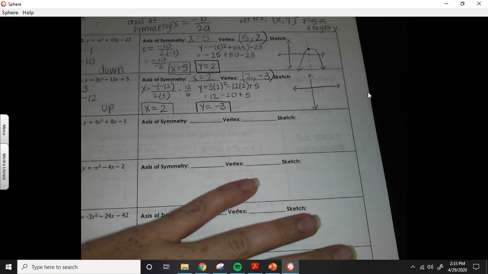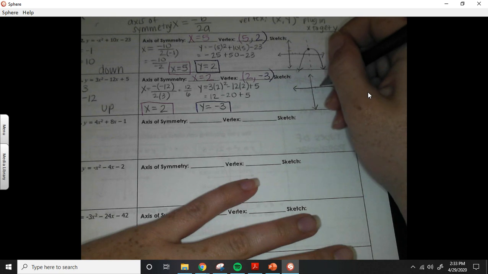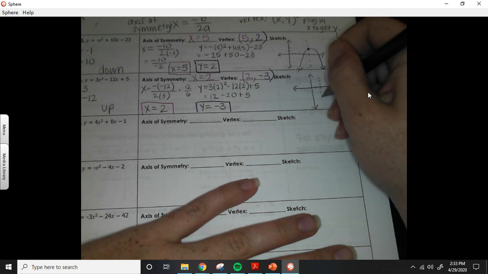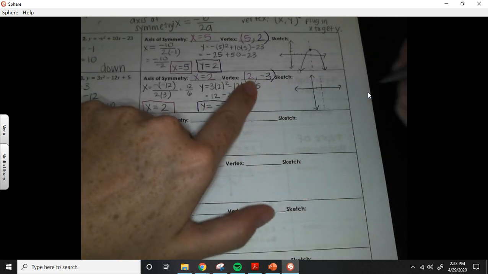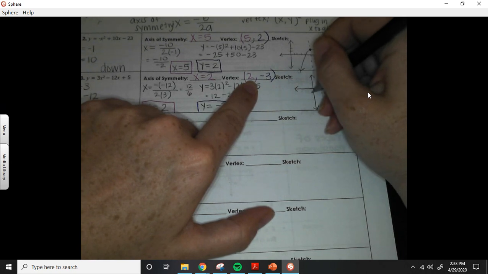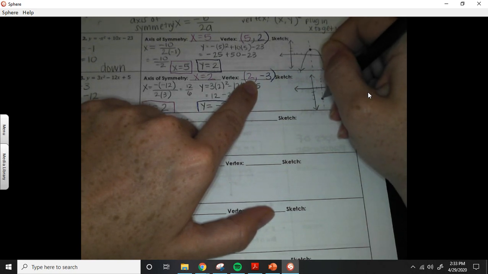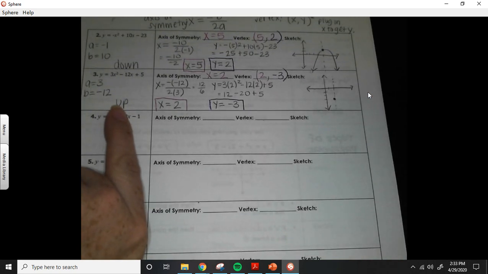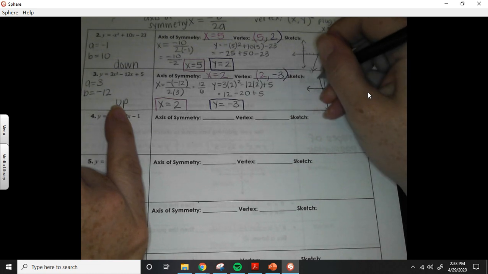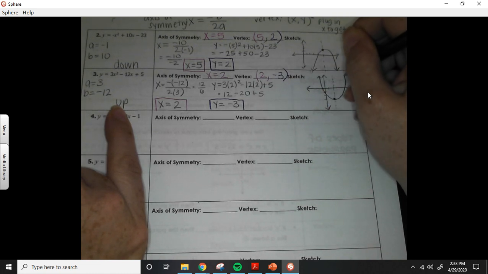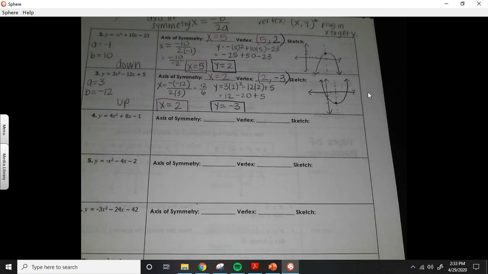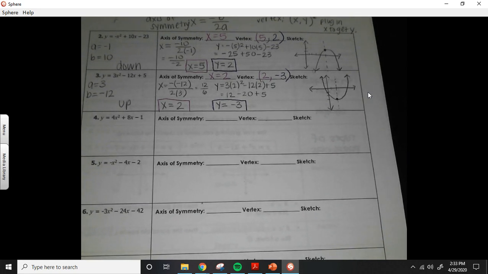Don't need to draw it that big, but whatever. So axis of symmetry is at 1, 2. Okay, and then our vertex is at 2, negative, 1, 2, 3. We already said it's opening up, so we're going to do bam, bam. That one was a little bit better than the first one. That's your sketch. That's what it looks like.